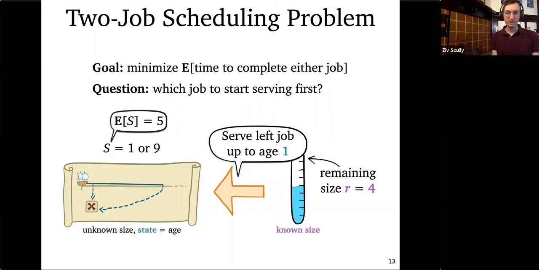So, basically, solving this 2-job scheduling problem is a little bit tricky, even in this very simple case of 1 or 9 versus a known size. And so this 2-job scheduling problem is going to be at the heart of determining the Gittins rank of a job.